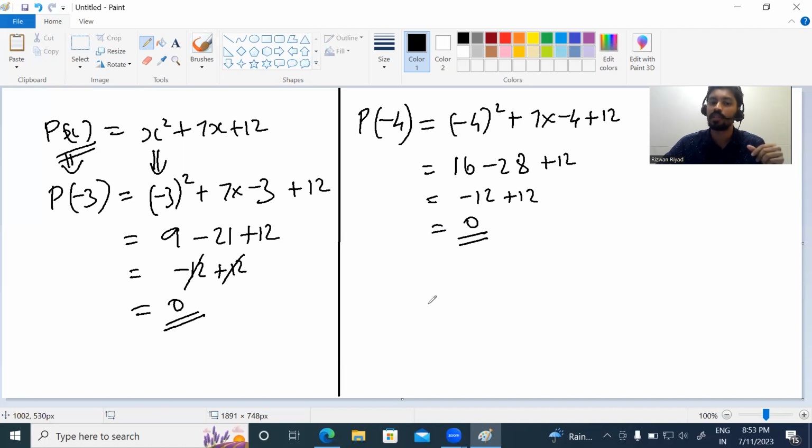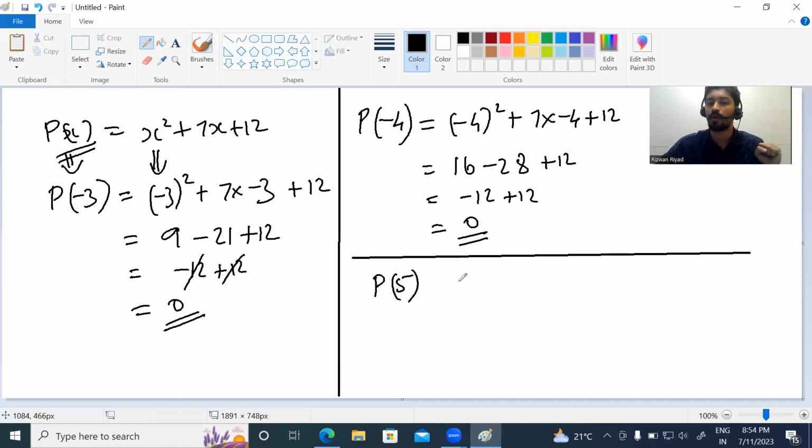Now let's try another number. Which number do you want? Let's try 5. That means we are going to put 5 in the place of x. If you put 5 in the place of x, p of x becomes p of 5.